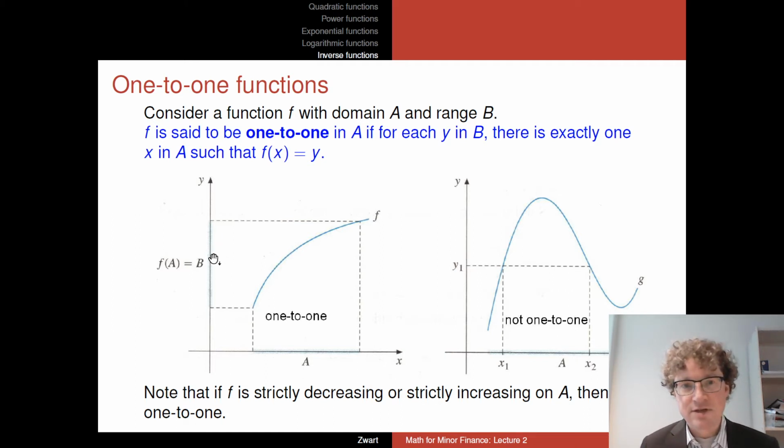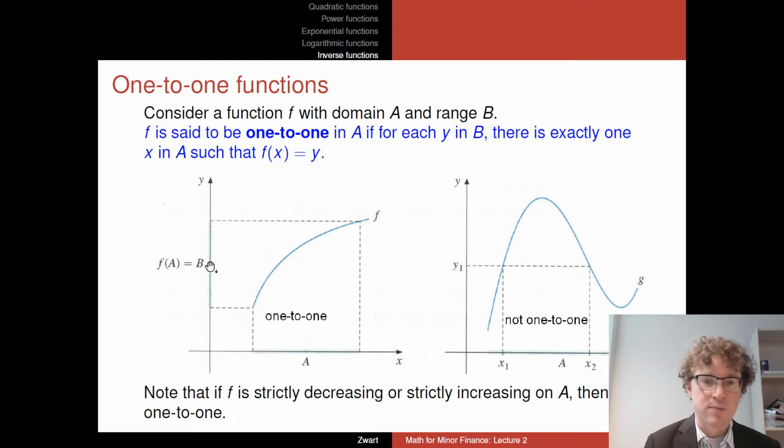A function f is one-to-one on this domain A if for each possible value in the range, or the y value if you wish, there's exactly one value in the domain A such that this function maps this input from the A domain into exactly this one value of y.